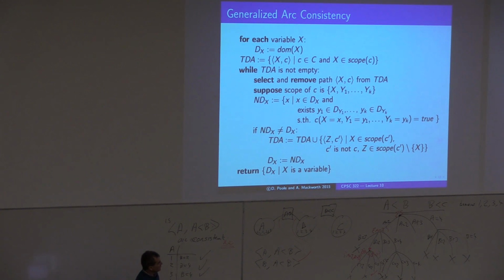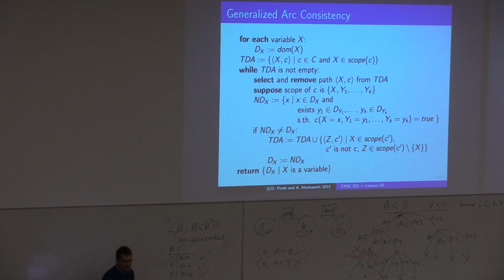Select and remove this arc xc from TDA, the to-do arcs, and suppose the scope of this c contains x, and the other ones are y1 to yk. Then the new domain of x is the set of x such that there exist some values of all the y's such that the constraint is true. If there exist some values of all the other y's such that the constraint is true, we're going to put it into the new domain of x.